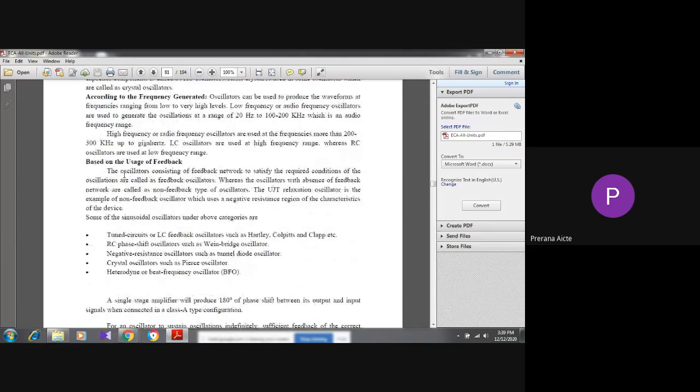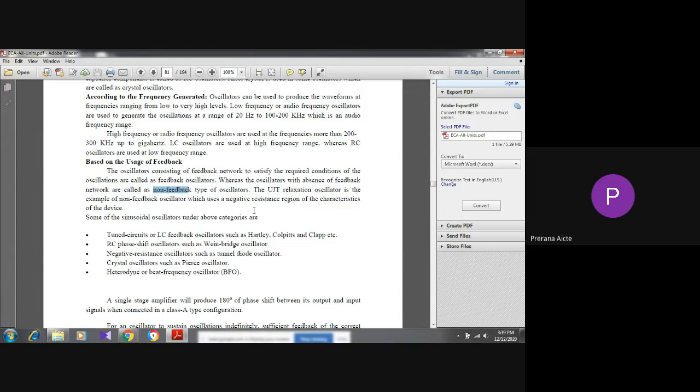Next, based on feedback, we have feedback oscillators and non-feedback oscillators. An example of a non-feedback oscillator is the UJT relaxation oscillator, in which there is a negative resistance region.